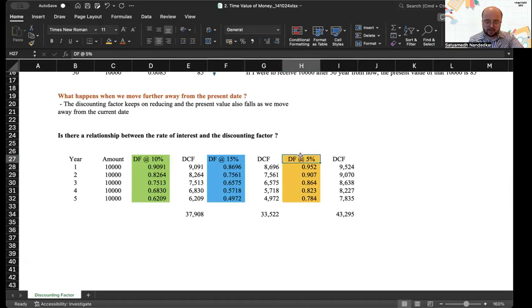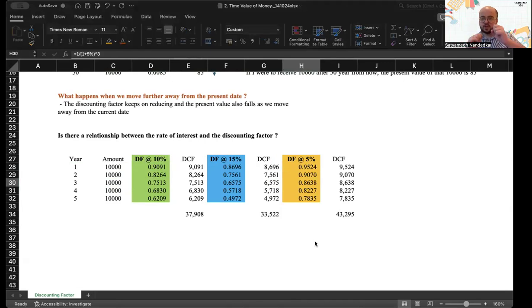And look at this column, discounting factor for rate 5%. When the rate of interest is 5%, for year one, when the rate of interest was 10%, this was 0.9091. When the rate of interest was 5%, the discounting factor was 0.9524. For year three, if you compare, for 10% it was 0.7513 and for 5% it was 0.8638. What is your one takeaway from this particular calculation?